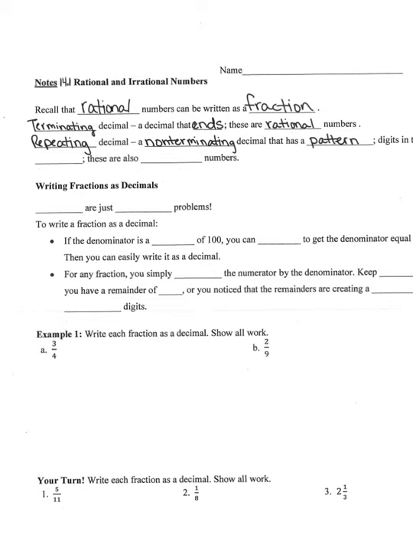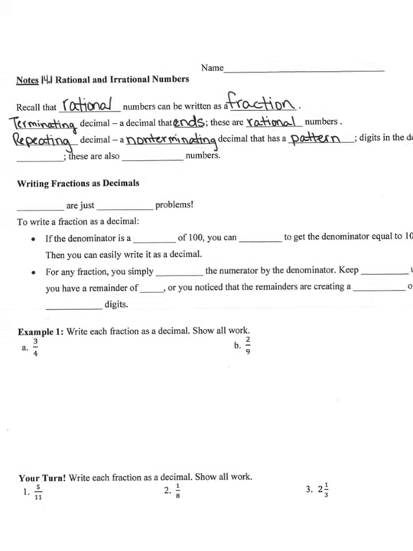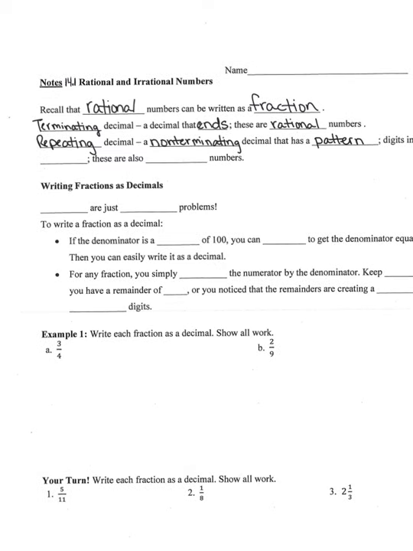So the digits in the decimal, as you can see in your notes, repeat. And those are also called rational numbers. So hopefully that information sounded familiar to you because that's what we covered at the beginning of the year.